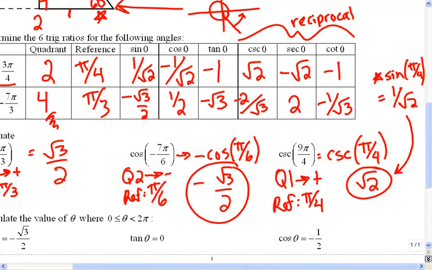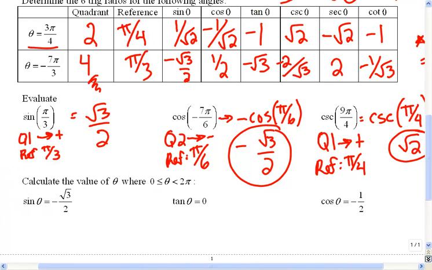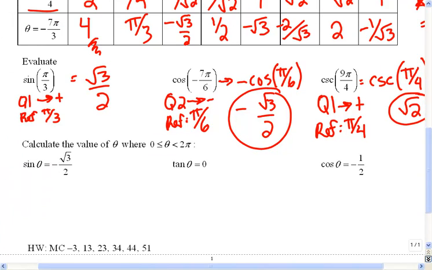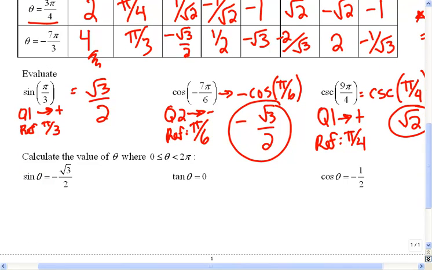You can do that. But you just need to remember to take the reciprocal before you put your final answer down. Okay. So the last 3, I'll have you work on those. Again, you're working backwards this time. You're thinking of what value could give me negative root 3 over 2. Now there may be more than one. So we'll talk about this in a minute, but I'll let you get started.